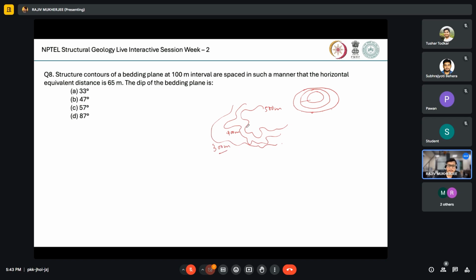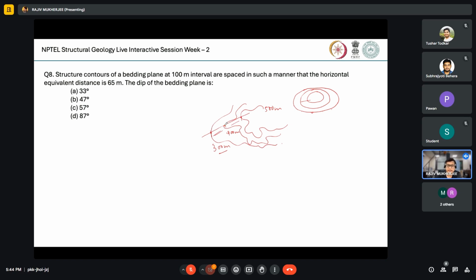So if I follow this line from this point to this point, the elevation difference is 400 meters, and this is 100 meters and this is 100 meters of elevation difference, right?